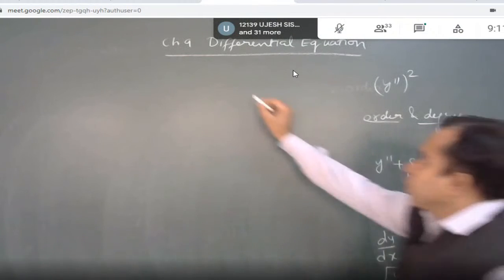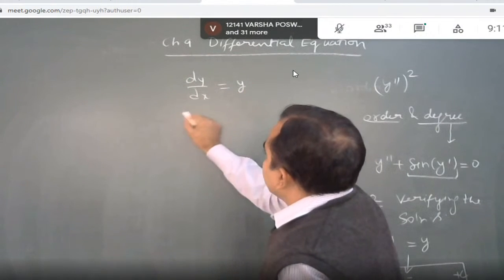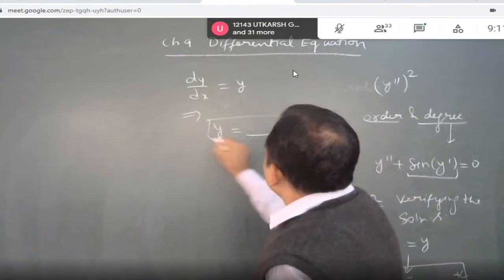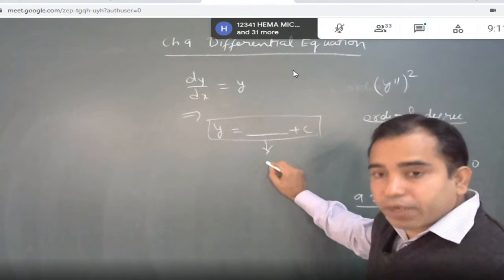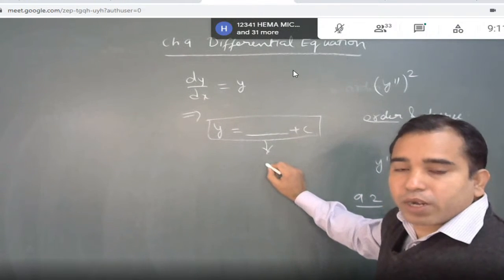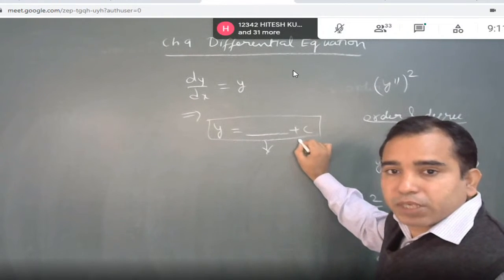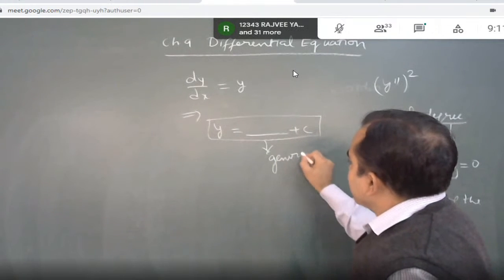If this we get, we call it the general solution. It is called the general solution because it contains plus c. It is a representative of infinitely many solutions. So this is called the general solution, right?